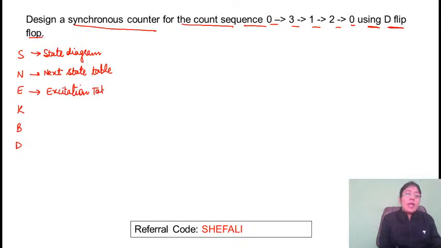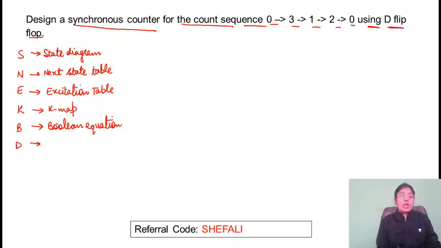Excitation table पे जो भी आपको outputs आ रही हैं, for that you can write the expression using K-map. K-map will be used to get the Boolean equation, and on the basis of the minimized Boolean equation, क्योंकि K-map will be giving you the minimized expression, on the basis of that you can design the counter.